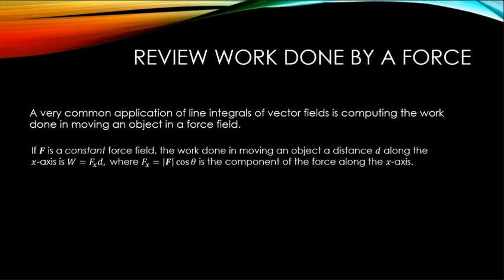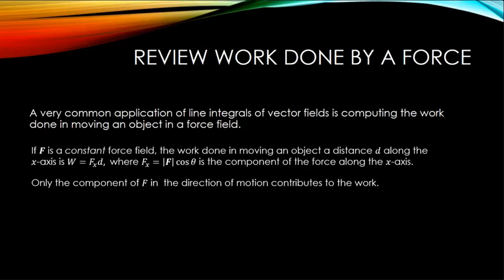If F is a constant force field, the work done in moving an object a distance d along the x-axis is given by W is equal to F sub x d, where F sub x is the magnitude of the force times the cosine of theta, where theta is the angle between the direction of motion and the application of the force.